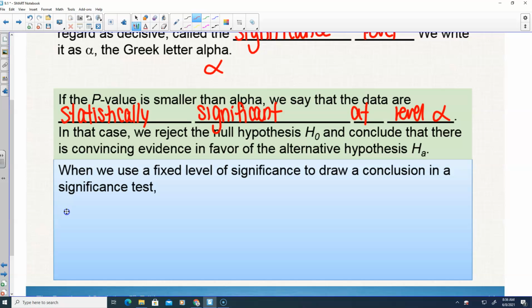So similarly to our last chart here, this time not just saying the p-value is small, but we're saying if the p-value is less than alpha, then we reject the H0 and have convincing evidence for HA.